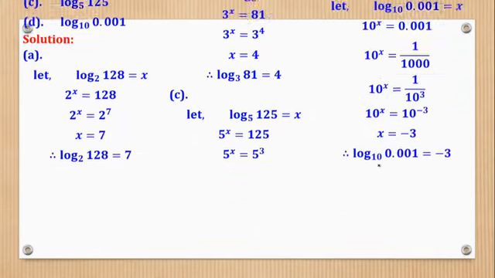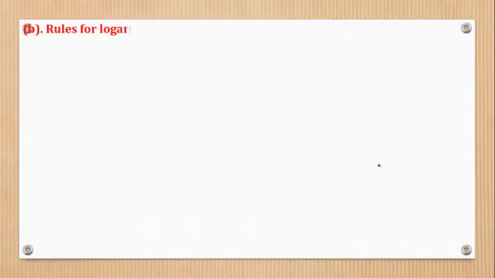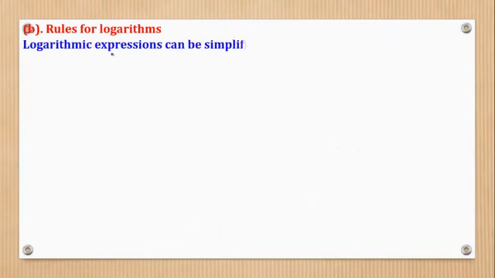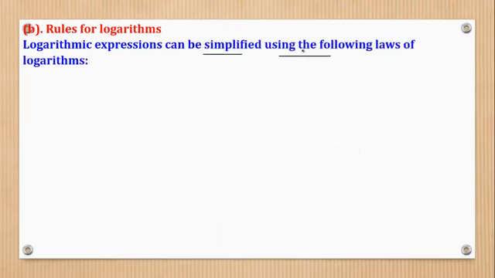Now we shall go to the main part of logarithms, and that is the rules for logarithms. Logarithmic expressions can be simplified using the following rules. There are about 5.